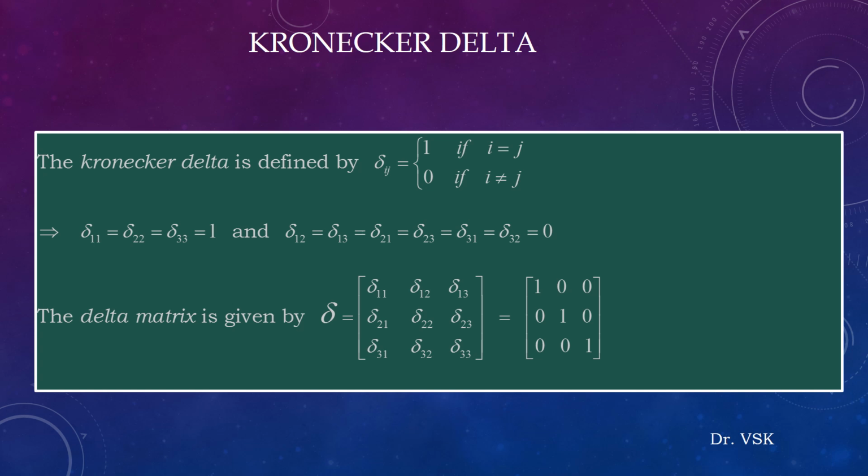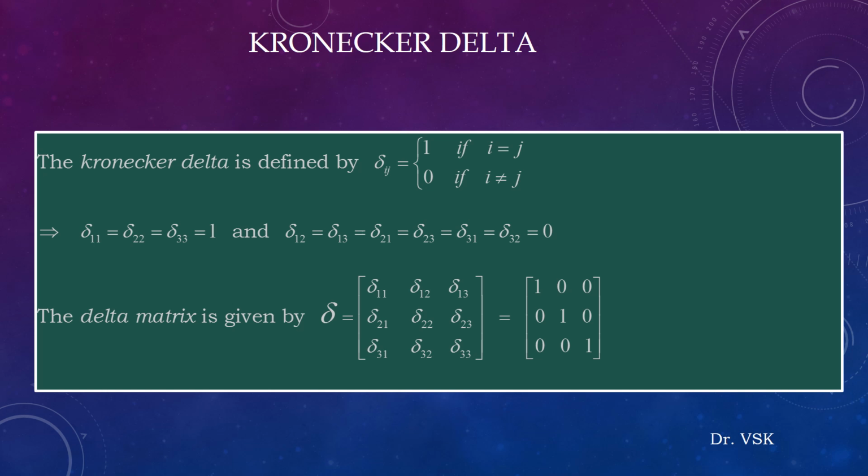That means delta 11, delta 22 and delta 33 equal 1. All the remaining values, delta 12, delta 13, delta 21, delta 23, delta 31, delta 32, are 0.